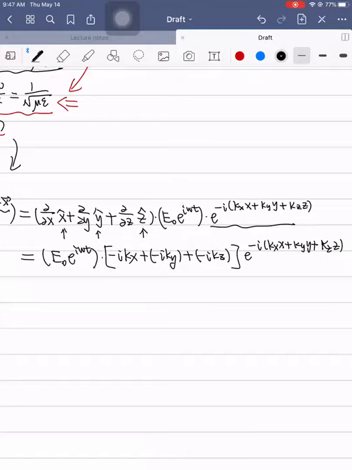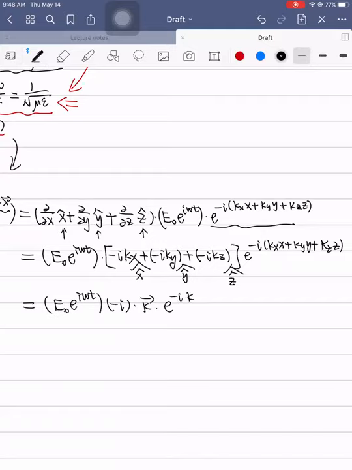So it should be here. Let me rearrange this. This will become this.